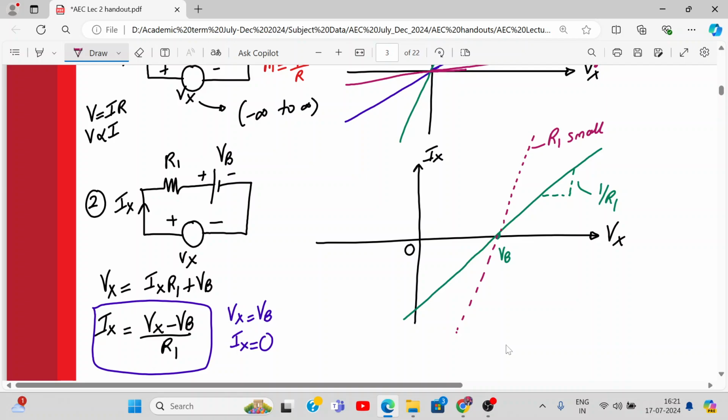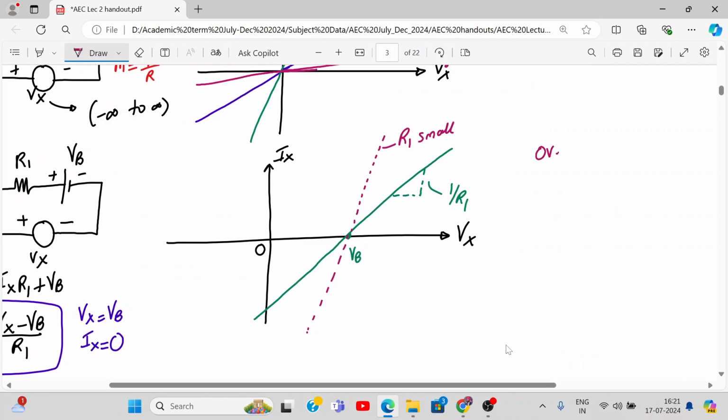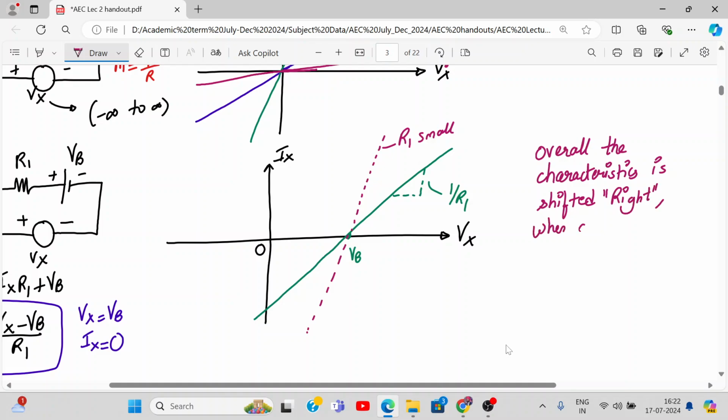So we can write over here: overall, the characteristics is shifted right when a battery, meaning we are talking about a DC battery, is added in series with a resistor.